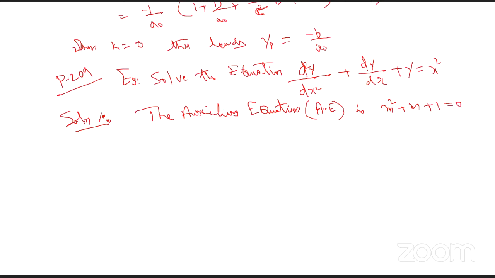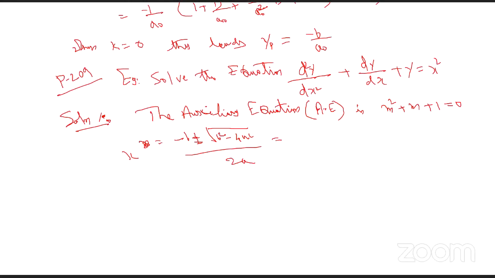It is in the form of a quadratic equation, so you have to split the middle term or use the formula. What is that formula? x equals minus b plus or minus under root of b square minus 4ac, whole divided by 2a.